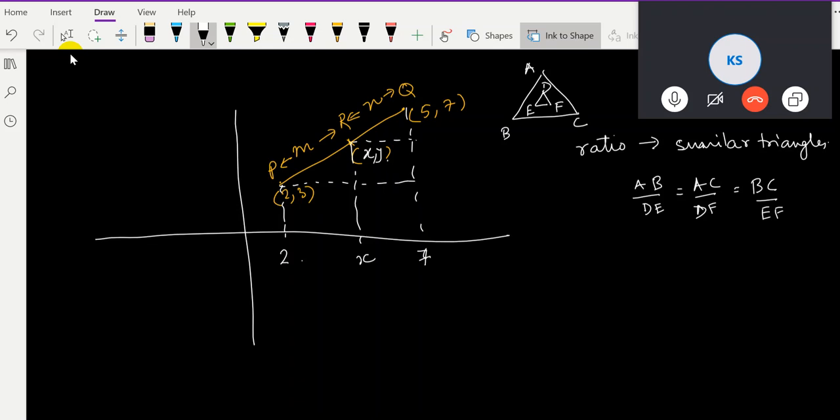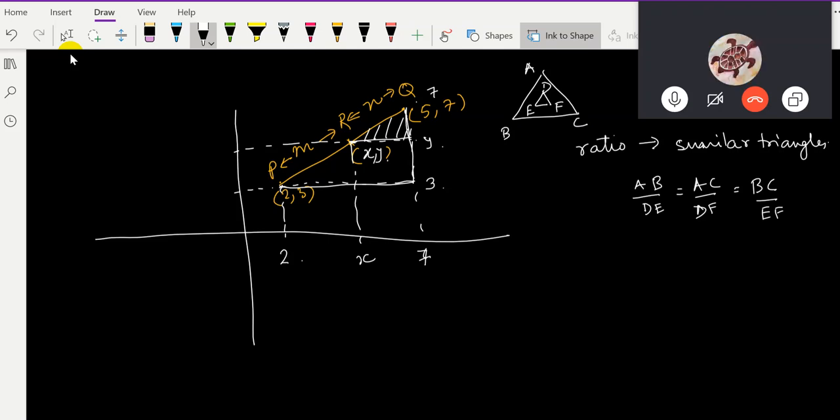We will extend the x and y coordinates. So these coordinates are this one, I don't know, this one is y, this one is 3, and this is 7. Now I can see that I have one triangle here and a bigger triangle here.